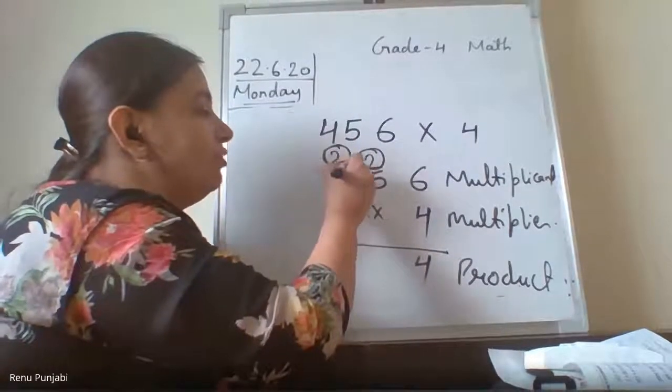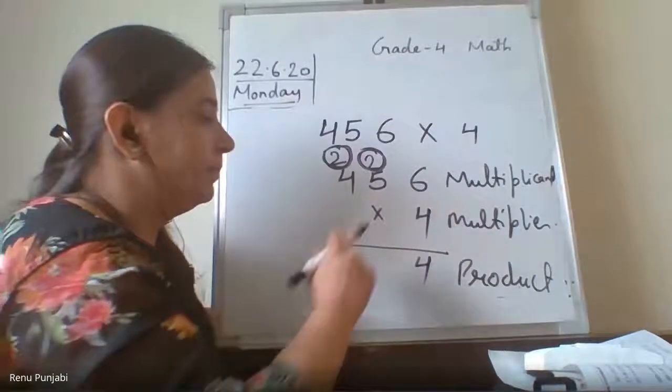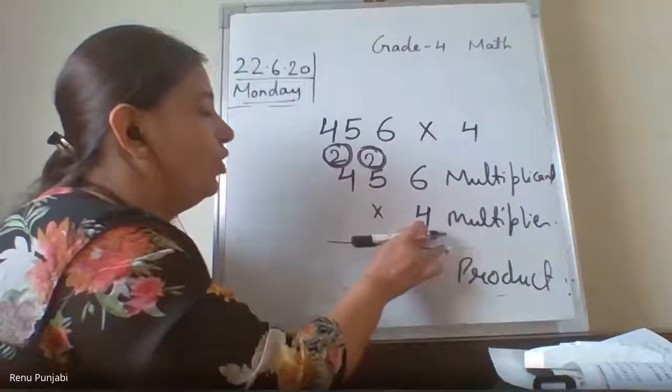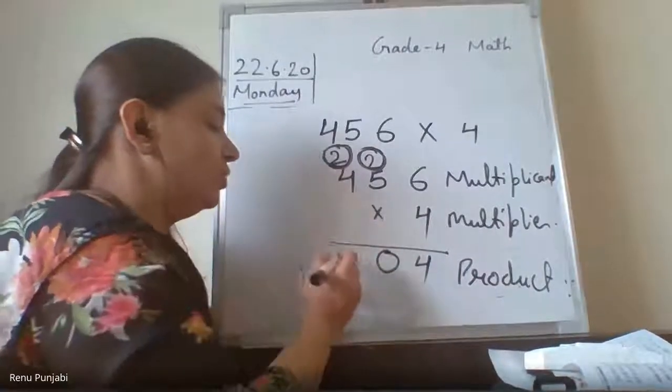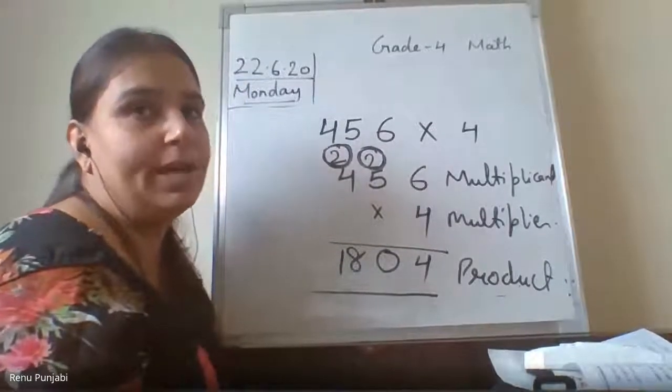Please note that you have to circle these carryovers. 4 4s are 16 plus 2, 18. So this will be your product.